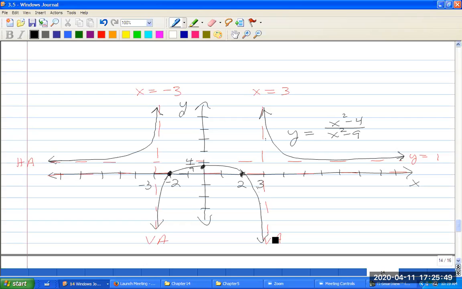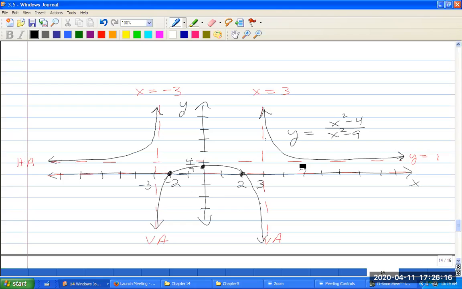Next, we have to approach at infinity the horizontal line y equals 1, and we have to treat x equaling 3 as a barrier. We can't go past it. We can't cross the x-axis because we can only cross the x-axis at plus or minus 2.